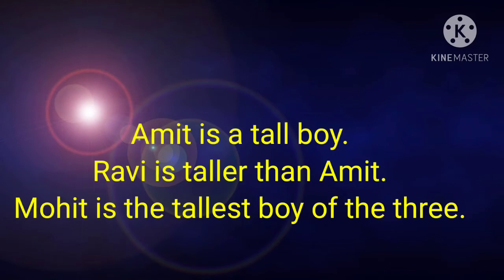Now read the last sentence. Mohit is the tallest boy of the 3. In these sentences you can see there are 3 boys, Amit, Ravi and Mohit. Now Mohit is the tallest boy of the 3. So here we have used superlative degree. Tallest is the superlative degree because superlative degree is used when we compare more than 2 persons.